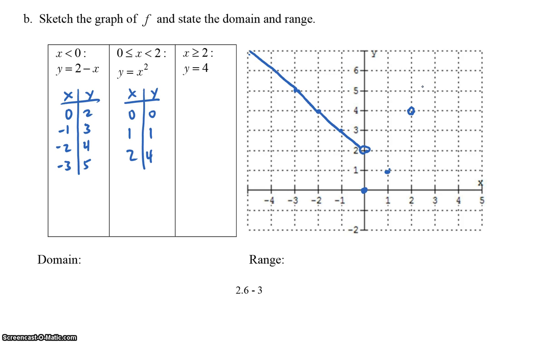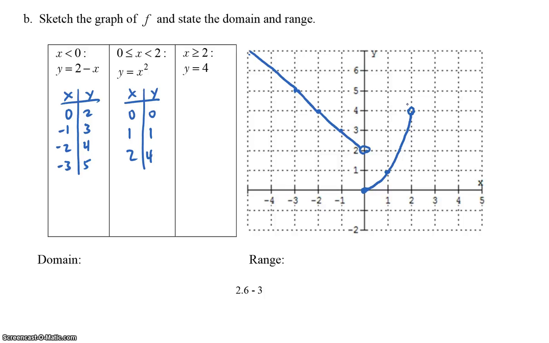So that just establishes an endpoint for the graph. So we use an open circle there. Y equals x squared, you may recall, is a parabola. So it's helpful to remember that so we know what the shape looks like. This goes back to those basic functions we looked at earlier in the notes. So we get this piece of a parabola.